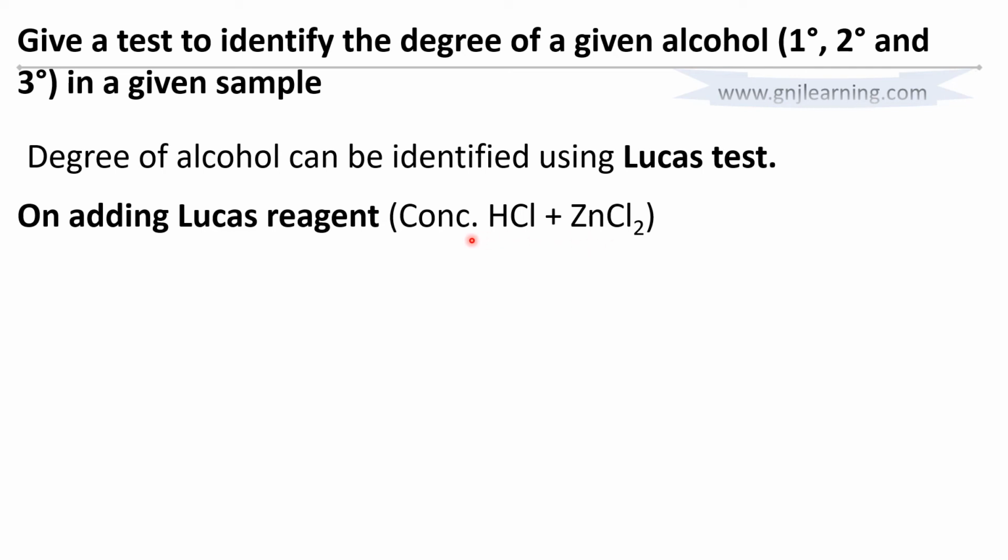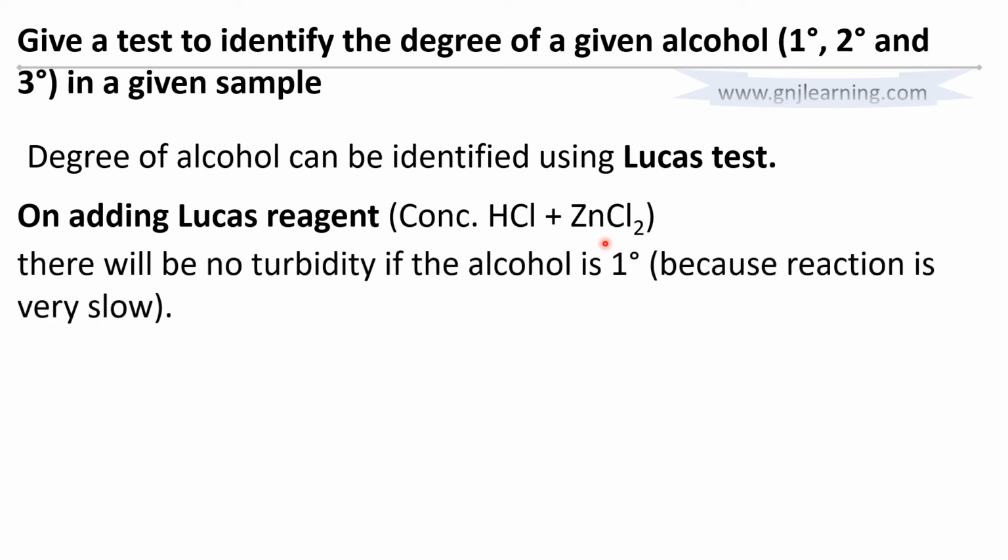On adding concentrated HCl and zinc chloride, let us start with primary: there will be no turbidity if the alcohol is primary. We have already seen in the previous slide that primary alcohol shows the slowest reaction. Since it is very slow, there will be no turbidity on adding Lucas reagent to primary alcohol.